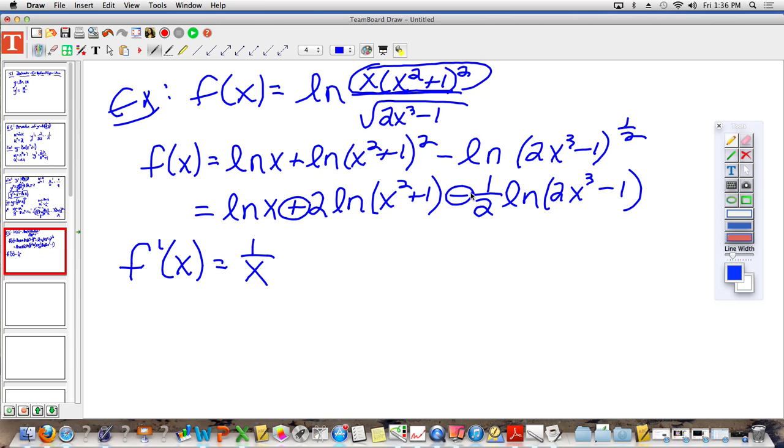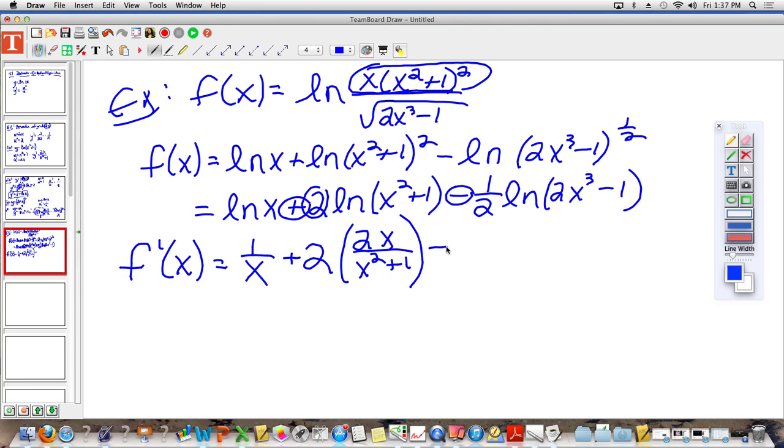All right, so we have 1 over x. What about this? The ln of x squared plus 1. So I'm going to put a plus sign, and I can't forget about my 2 right here, too. Don't forget that 2. And then ln of x squared plus 1, what goes on the top? 2x, the derivative of it, 2x, divided by x squared plus 1.